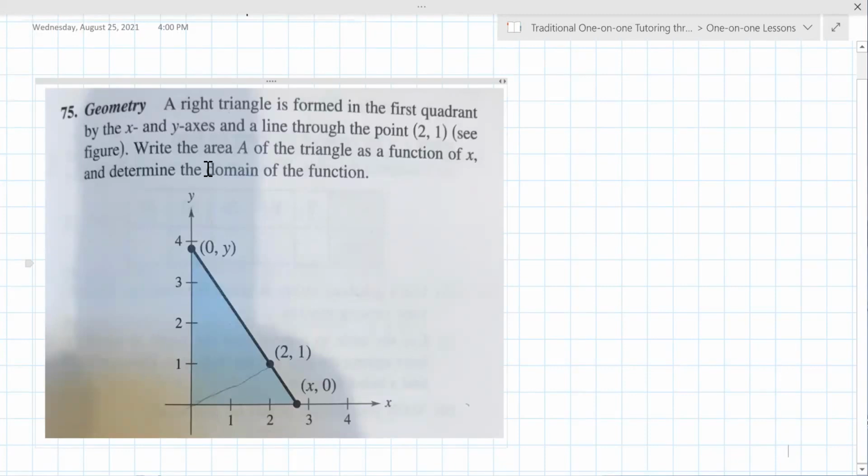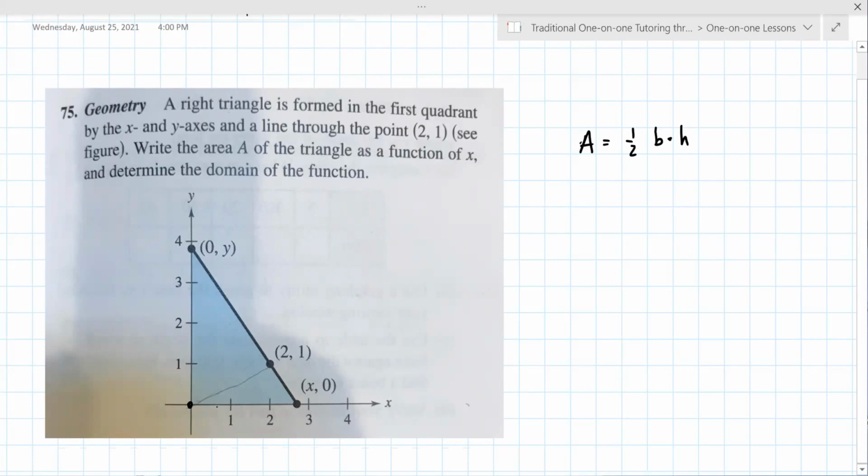Okay, so the area of the triangle as a function of x. You already know the area is 1/2 base times height. The base is some distance based on the equation of this line here.